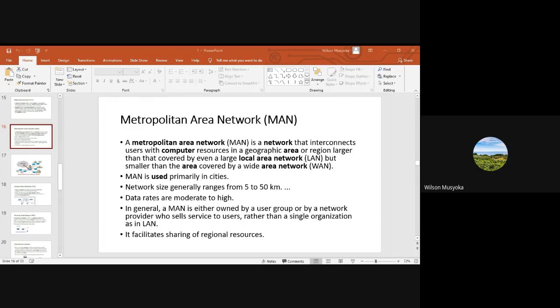So the basic function of the internet, or the wide area network and the metropolitan area network, is to facilitate connectivity for companies, because a single company cannot create a wide area network, but it can connect to a wide area network and be able to access many users or be accessible to many users. I hope that is clear, Joshua Juma.